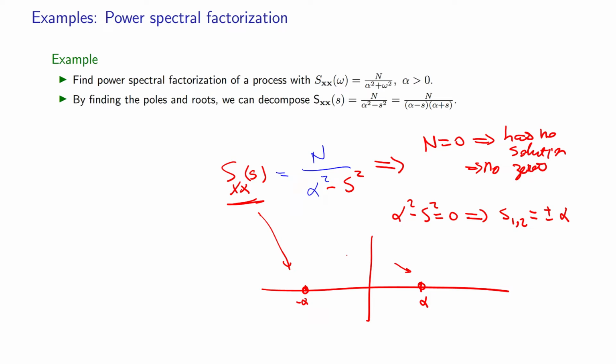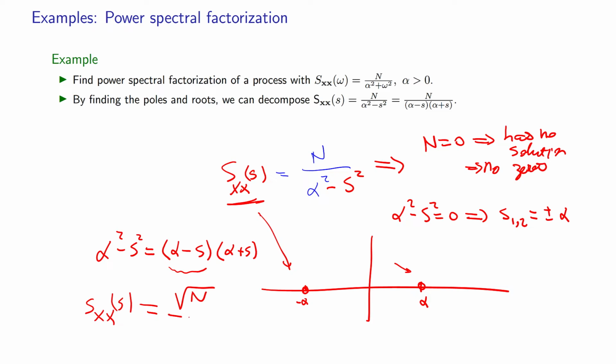So from here I could see that alpha squared minus s squared can be written as alpha minus s times alpha plus s. If you solve this equal to 0, you get one of the poles, and if you solve the other, you get the other. So you could see S_x of s, because you have N, I write it as square root of N divided by alpha minus s, and square root of N divided by alpha plus s.